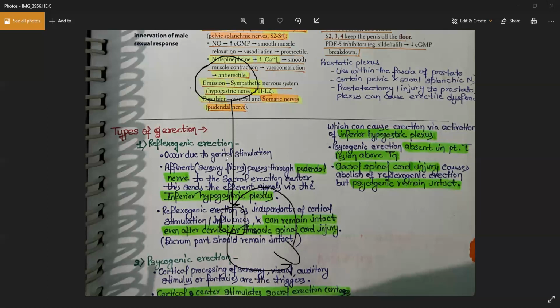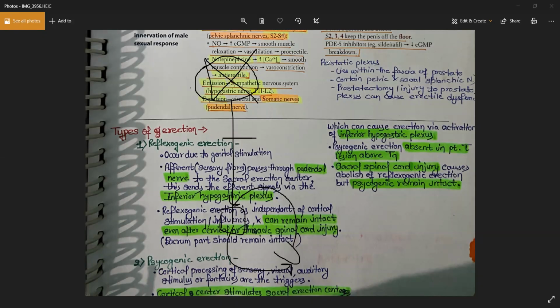Second, erection can happen with psychogenic stimulation, with the visuals maybe. It is a psychogenic erection, and the signals for that erection originate within the brain. So whenever you have damage in the brain, for example, or damage anywhere in this part of the spinal cord, you can have an inhibition of the psychogenic erection, but you can still have the reflexogenic erection, right?